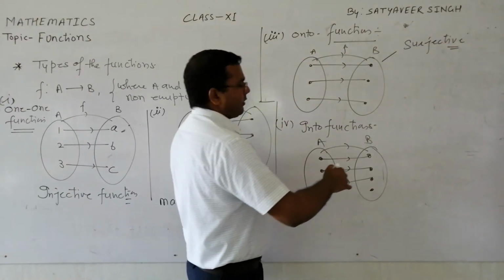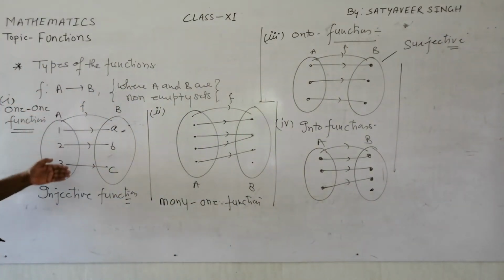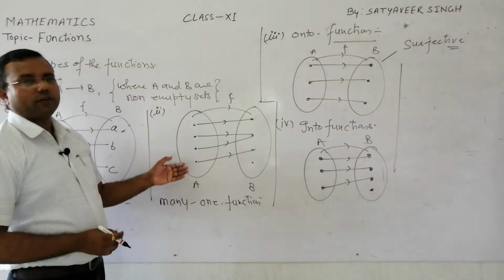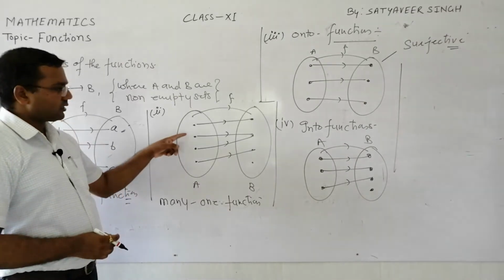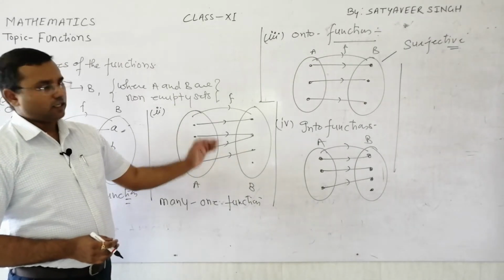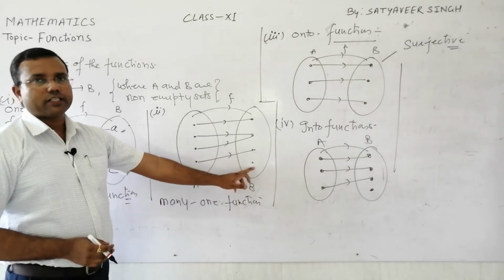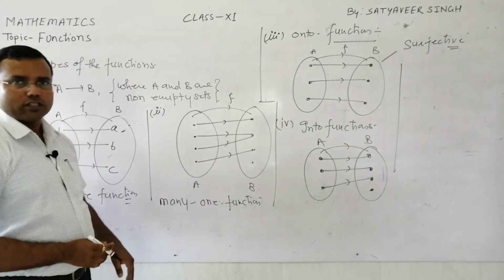Together also we sometimes read their names. Like this function, I am talking about, this is one-one and onto. Like this function, this is many-one but into. Many-one because these two elements are connected with the same one, and into because one element does not have its pre-image.